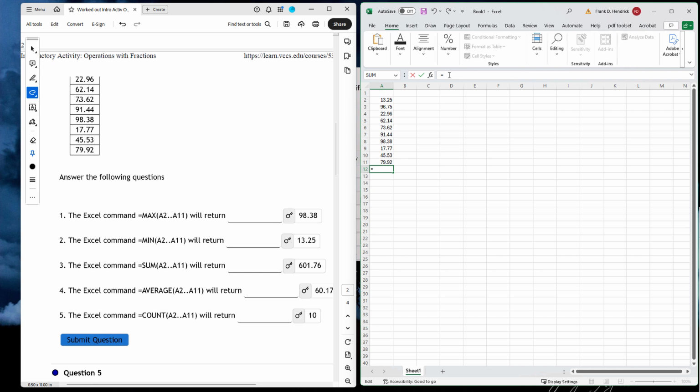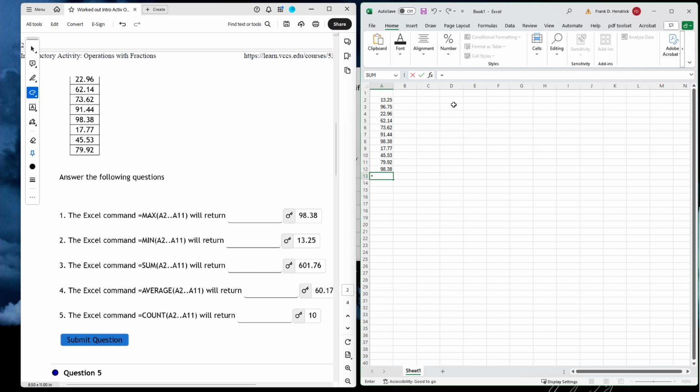I start typing, you notice the predefined functions come up here, and I can type in A2 colon A11 close parentheses, enter, and it gives me that value, 9838.